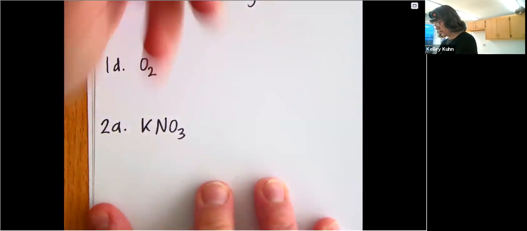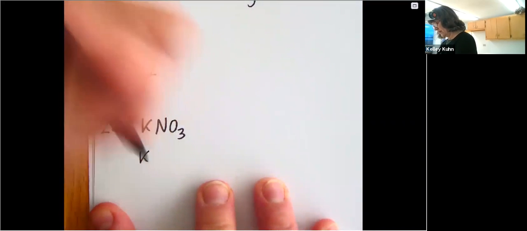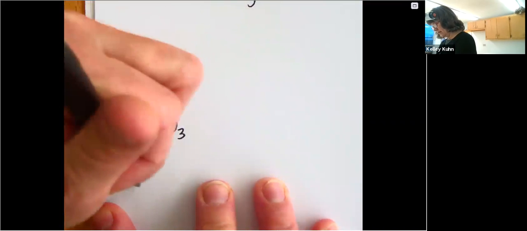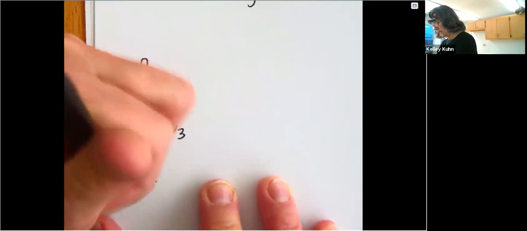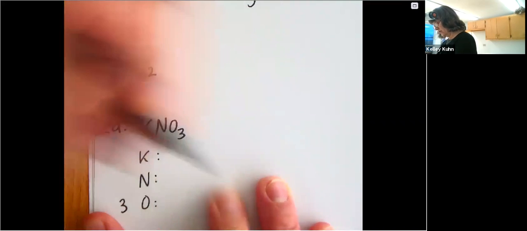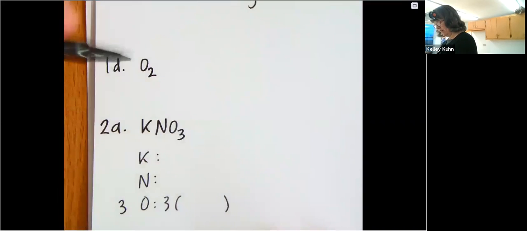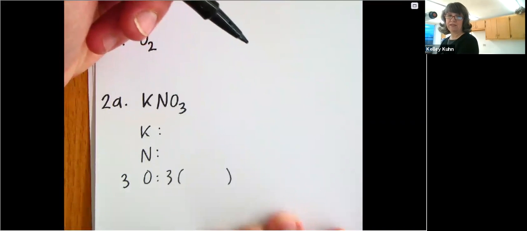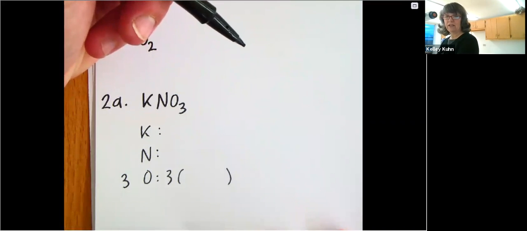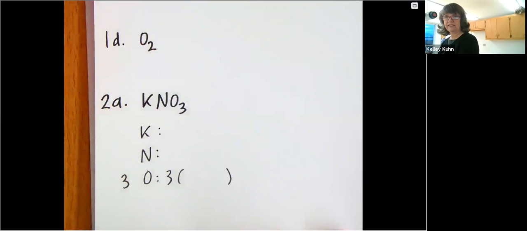So you're going to want to find the mass of potassium, the mass of nitrogen, and then we need 3 oxygens, so you're going to take 3 times the mass of oxygen, and then once you have all of those written out, you'll simply add them up to get the overall molar mass. So pause this for a second and go ahead and do that, and then I will work it for you.